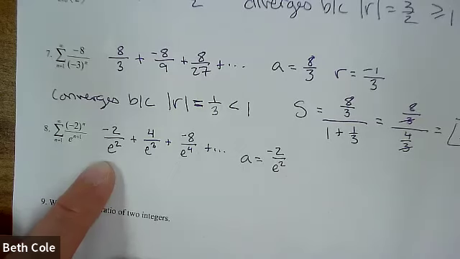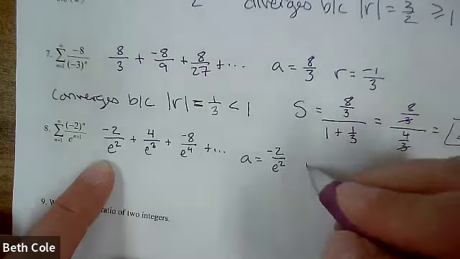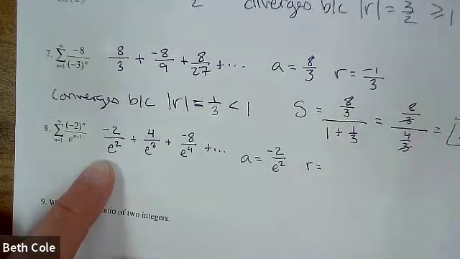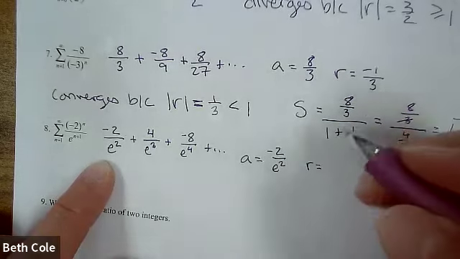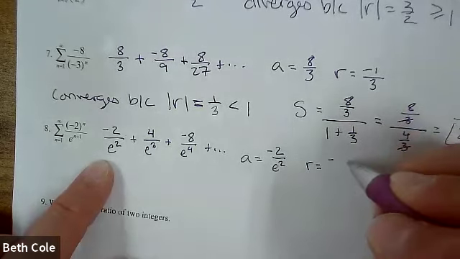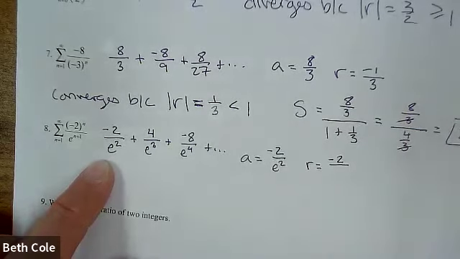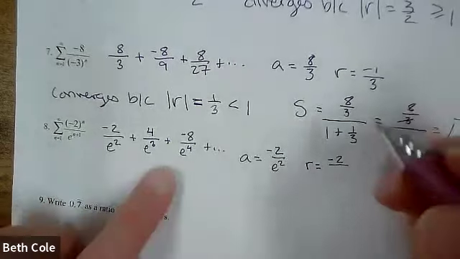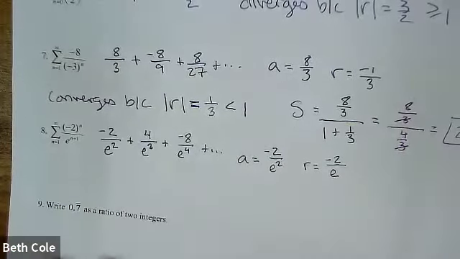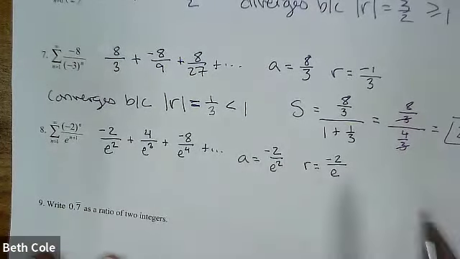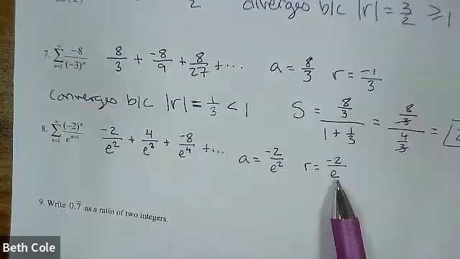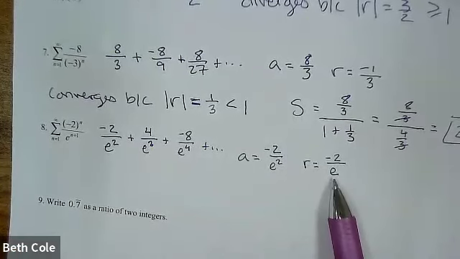And again, that's a number. e is about 2.7. So remember, that's a value. r is, and again, look at the numerators and then the denominators. It would be negative 2 is what you're multiplying by in the numerator, and then e is what you're multiplying by in the denominator. So we need to figure out if the absolute value of this is greater than or less than 1.